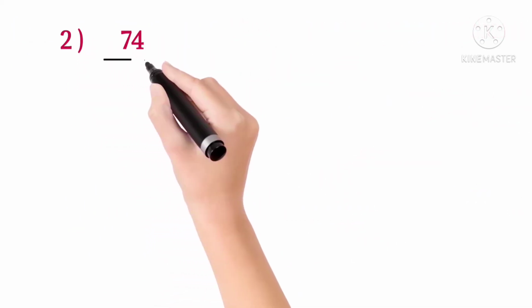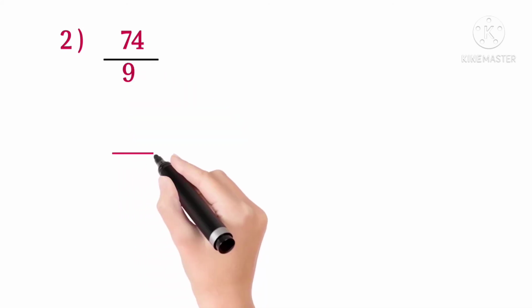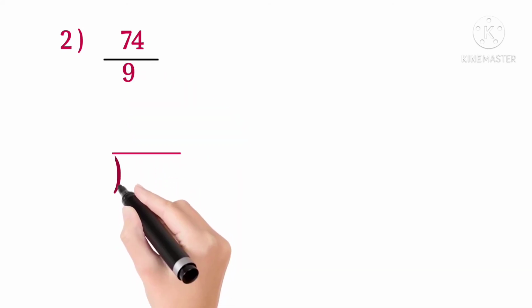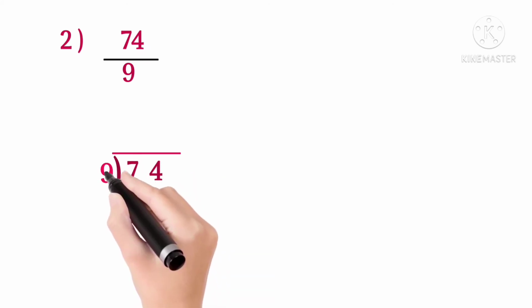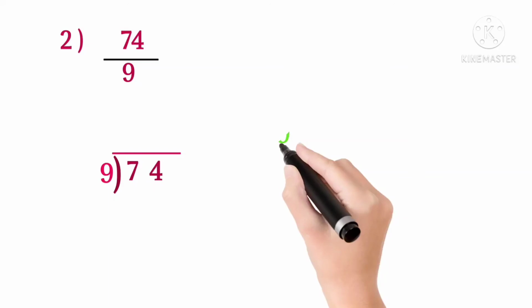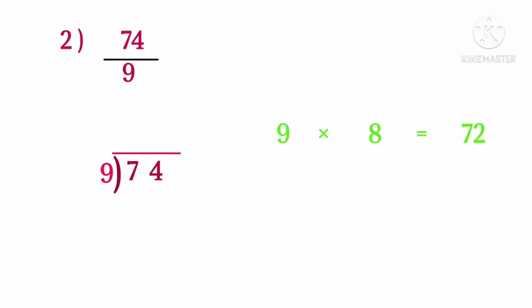Second question, 74 divided by 9. 74 by 9. Here also we can use the same method. Dividend is 74, 9 is the divisor. First digit of the dividend is smaller than the divisor. So, we take 2 digits together, that is 74.